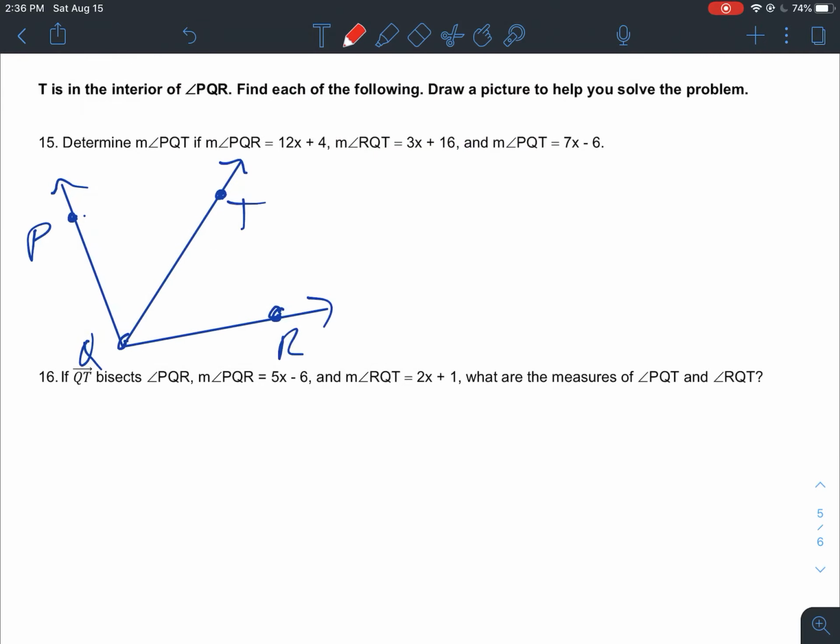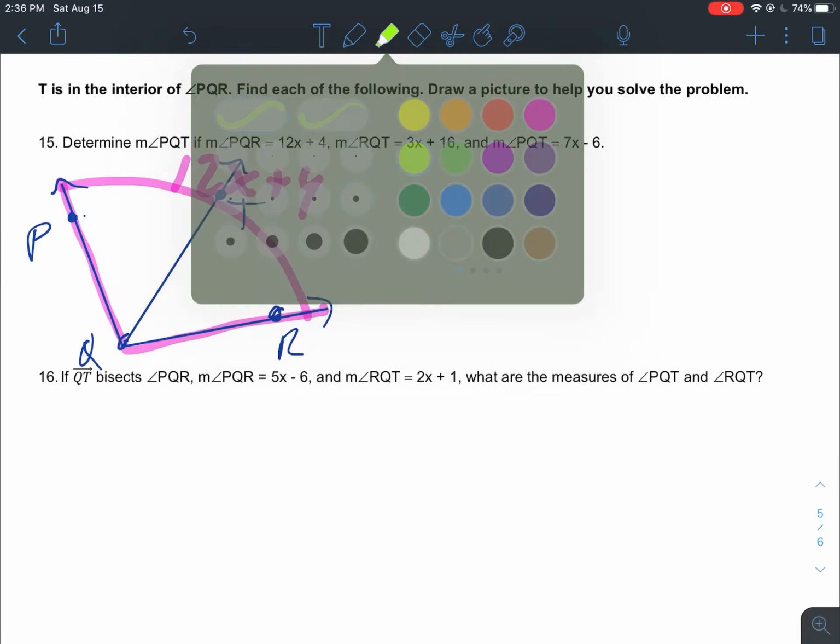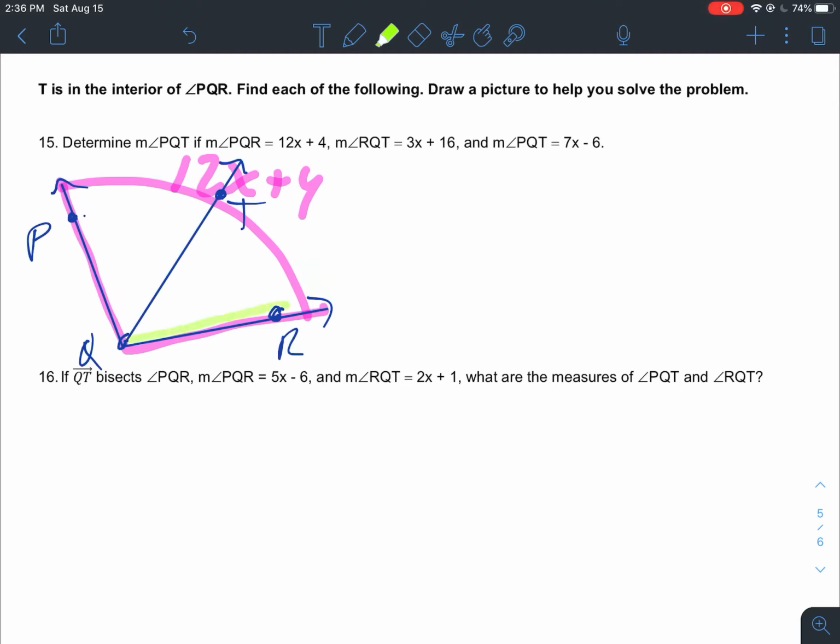And now we're being told that PQR, this big angle, is 12x plus 4. RQT, which is this little angle, is 3x plus 16. And PQT, this little angle, is 7x minus 6.